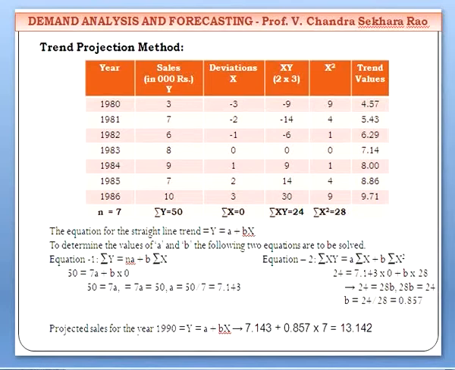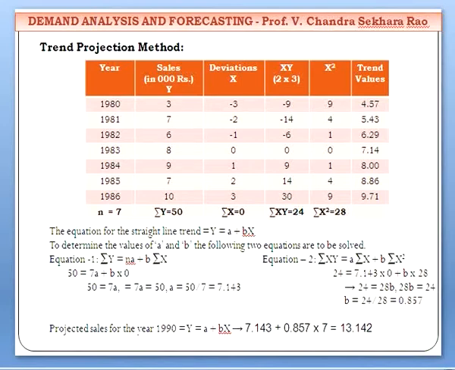Six years, seven years of data is given, sales figures. So we have taken the sales data of this company for the last 7 years, and using this data by calculating y is equal to a plus bx, simple linear trend, you can identify the future trend.